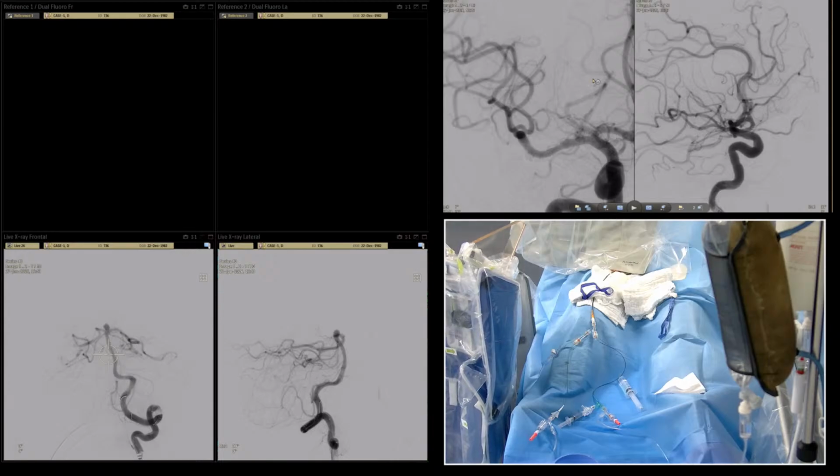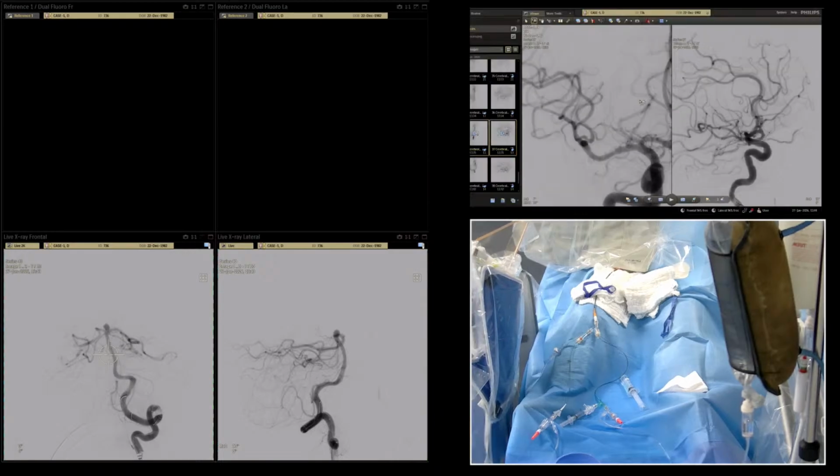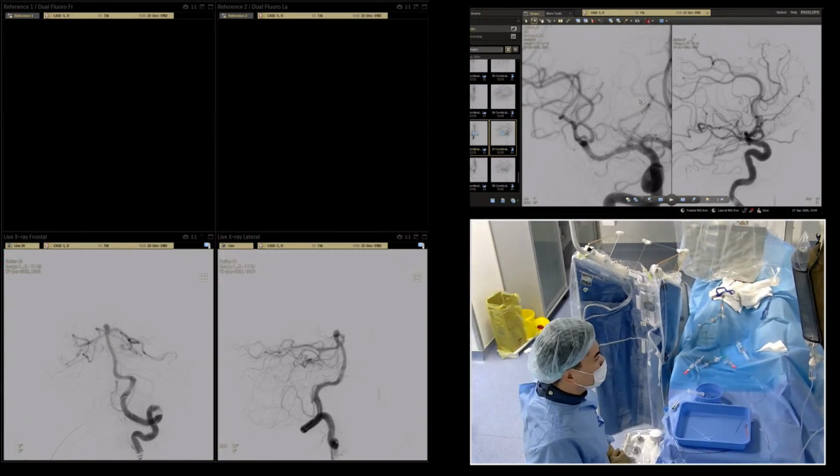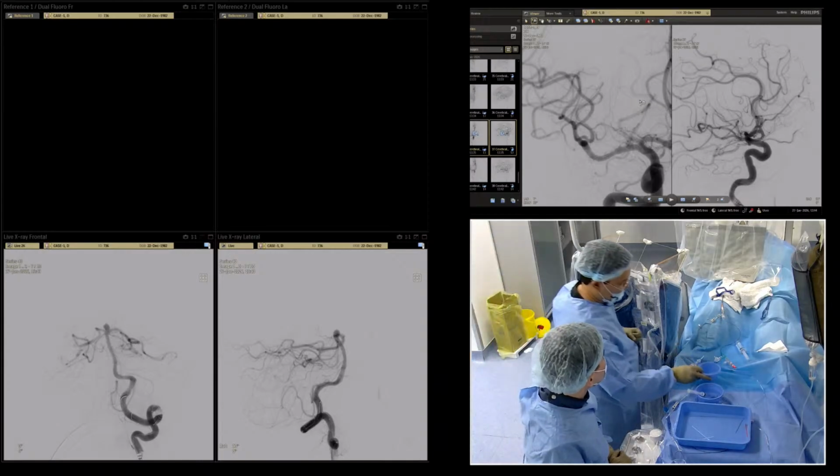Yes, we are working with the Ultravist from Bayer. Okay. 370.